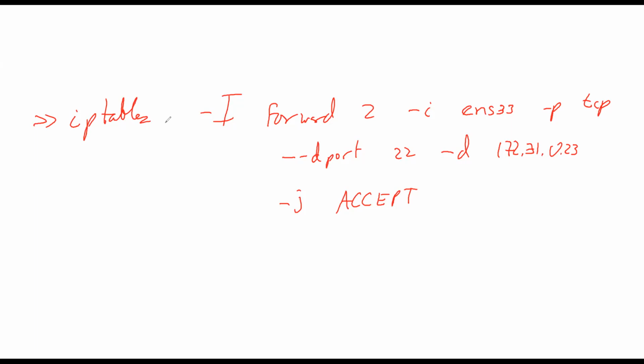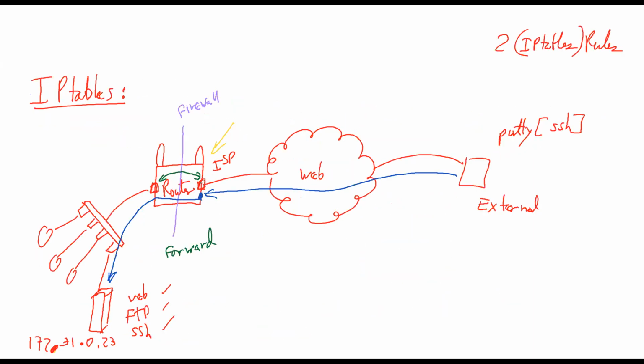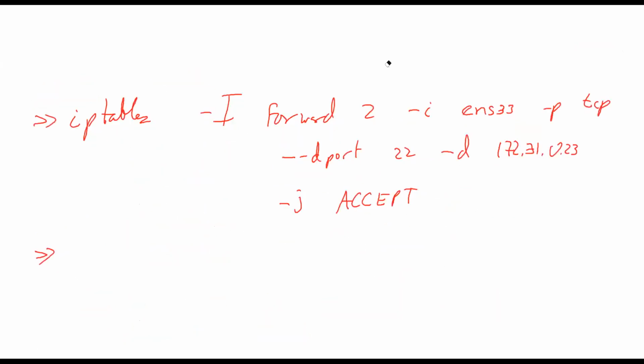Remember, the second rule has to do with the mapping. The mapping basically says whatever arrives there needs to be forwarded to this server and this server only. So that's really what that rule is about.